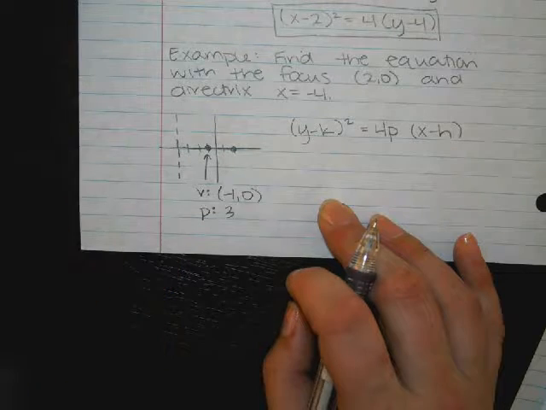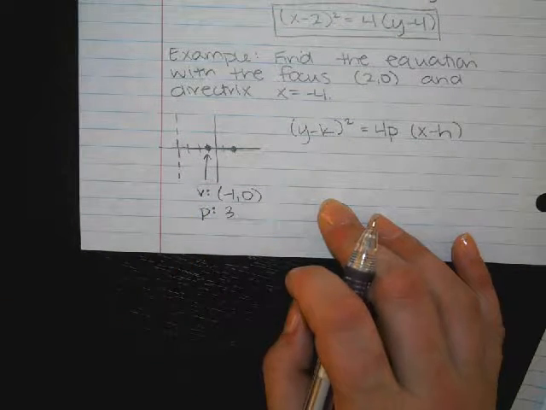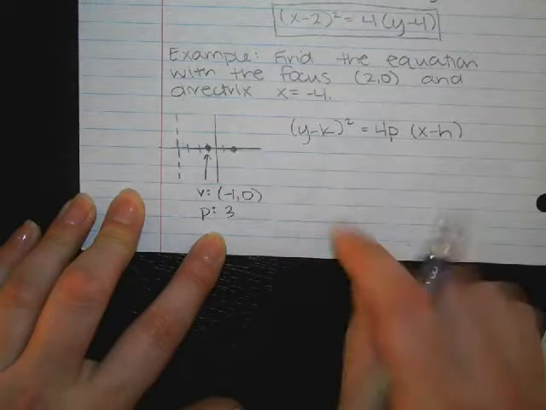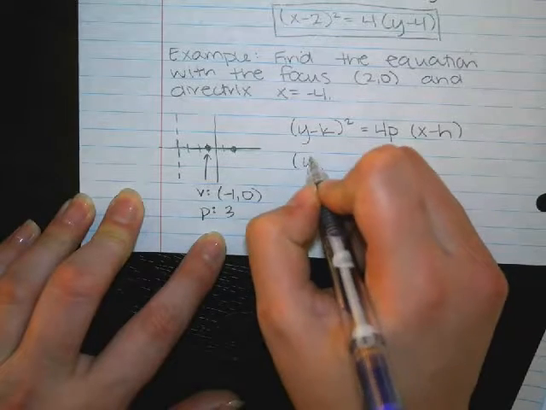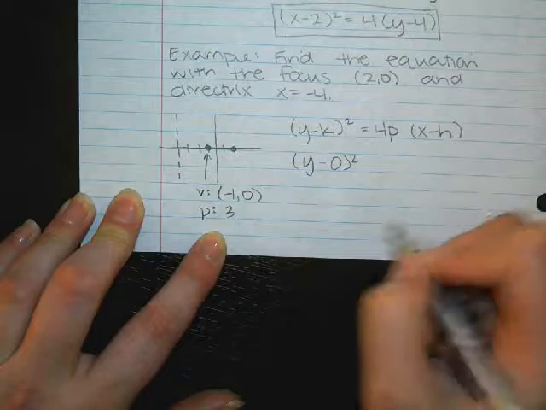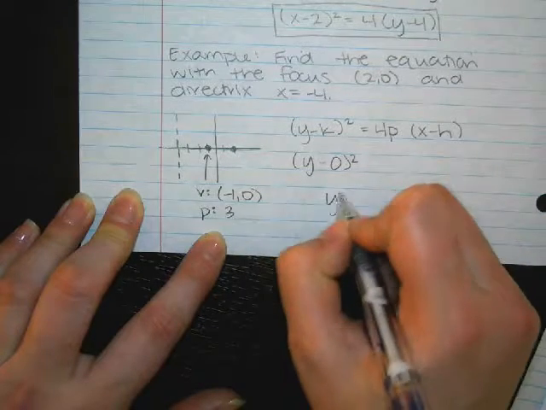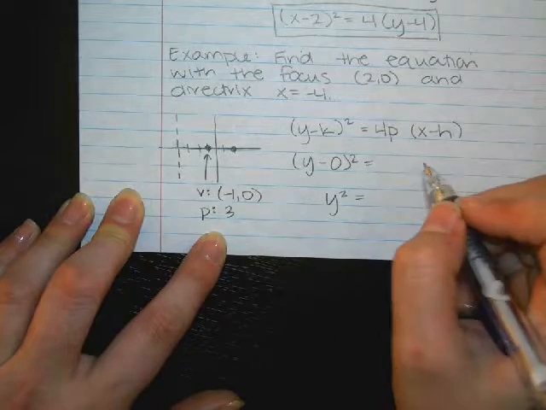Okay. So we thought it through. We got those numbers, the vertex and the p value, and now we're ready to write the equation. So we have y minus k, so what should I write there? Y minus 0 squared, which would give me just a y squared, right? Equals 4 times p.